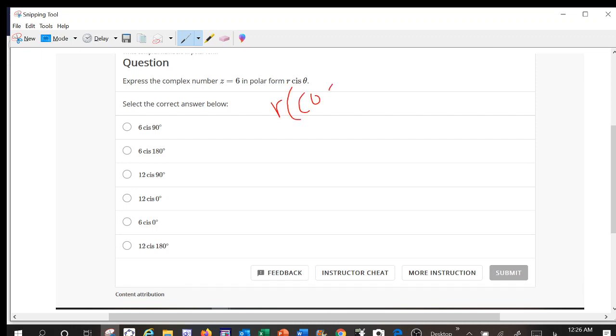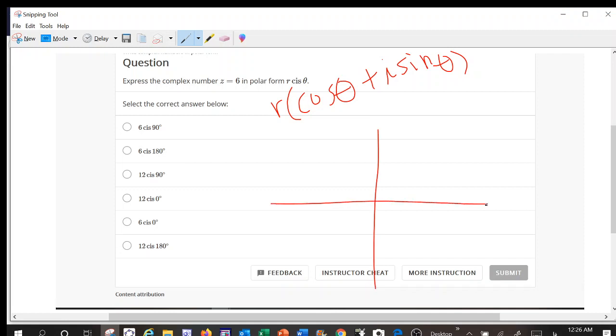R cosine theta plus i sine theta. That's what it means, okay? Now, all we have to do is find r, which is very easy because z equals 6 basically is 1, 2, 3, 4, 5, 6 right here. That's what that is, right? So that's what it is.